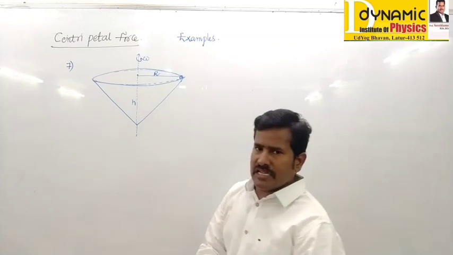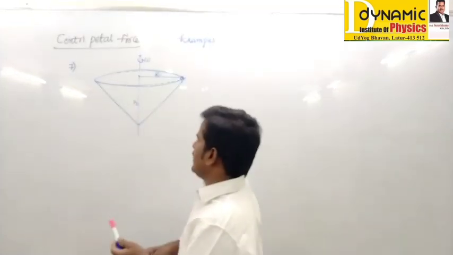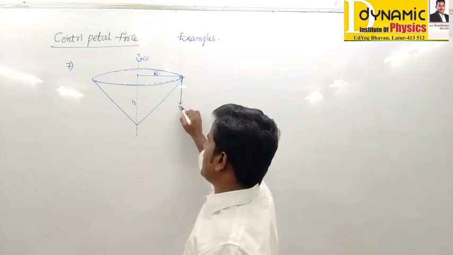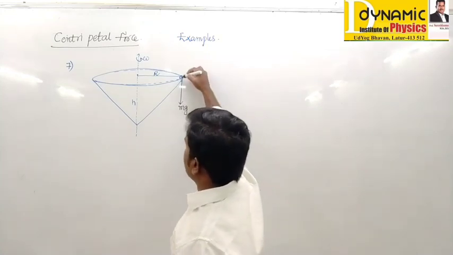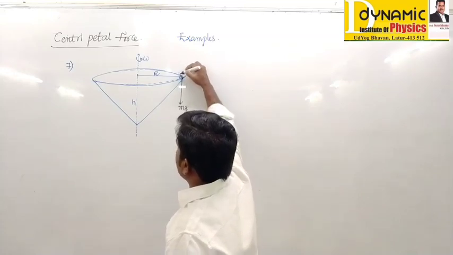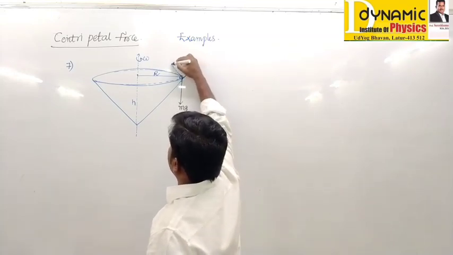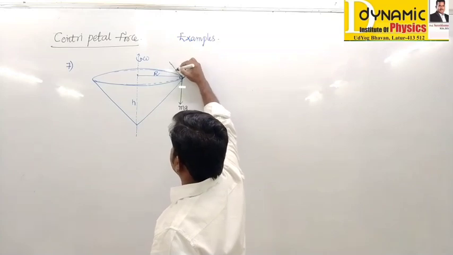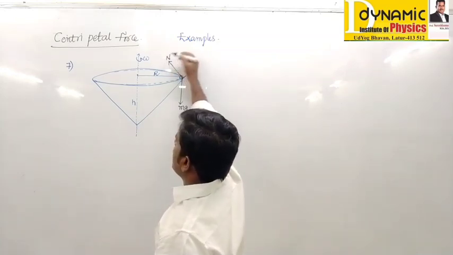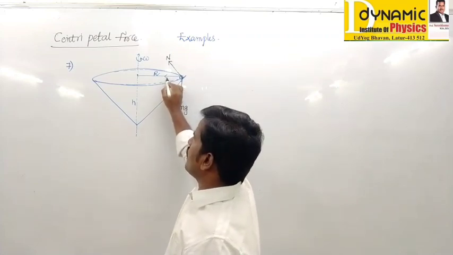So in this condition, the weight is acting vertically downward, mg, and the normal reaction is acting normal to this surface. This normal reaction is resolved into two components.